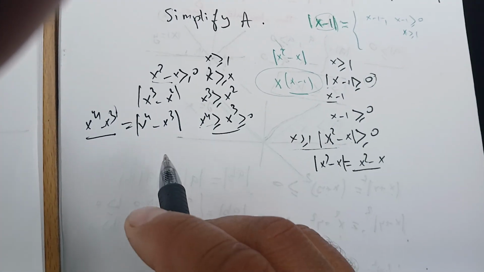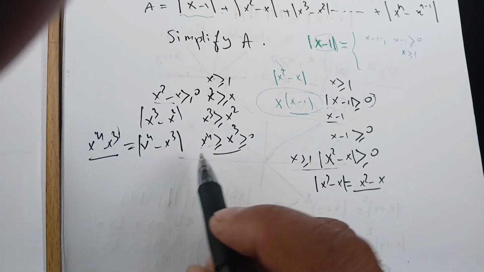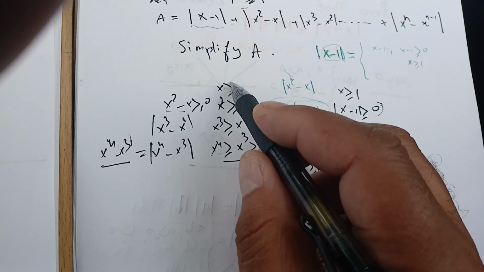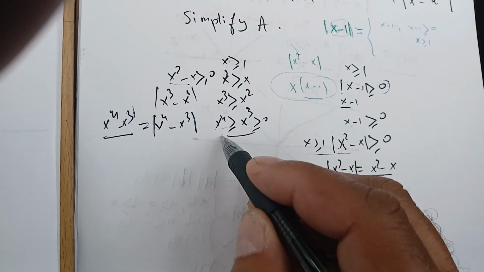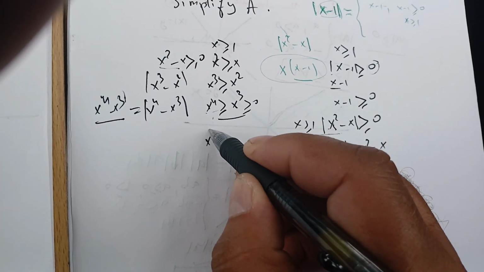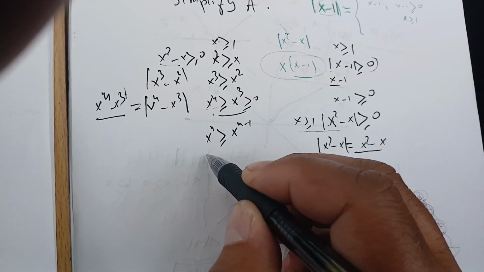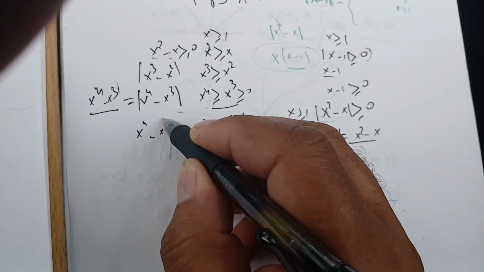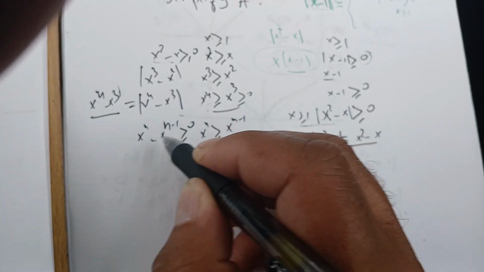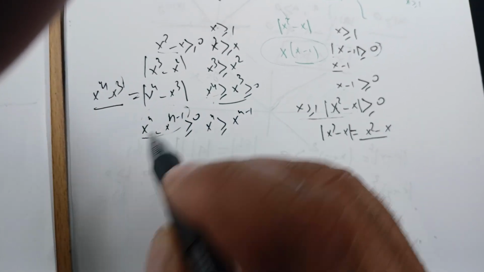I don't need to care about the other side, because I have this restriction here. So I keep going until the last one. I have x to the power n is bigger than x to the power n minus 1. That means x to the power n minus x to the power n minus 1 is bigger than 0, and its absolute value is the same.